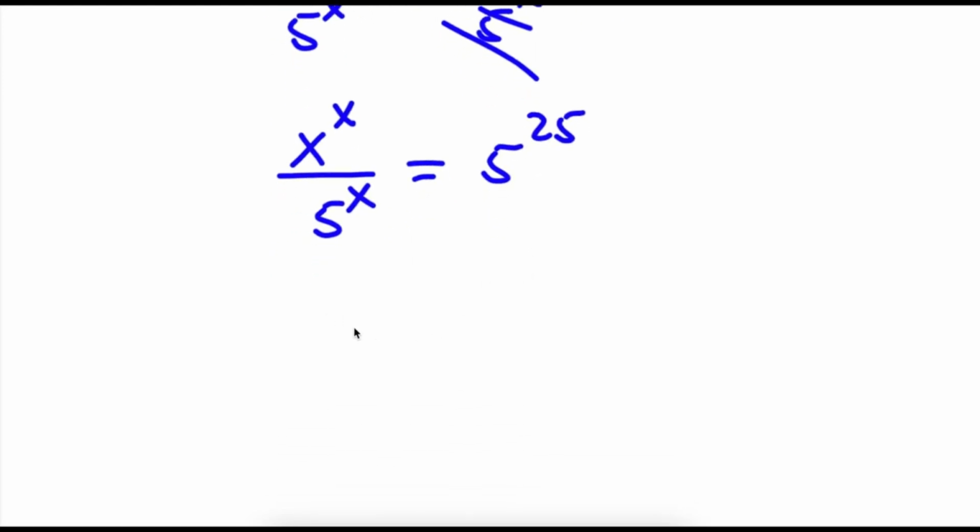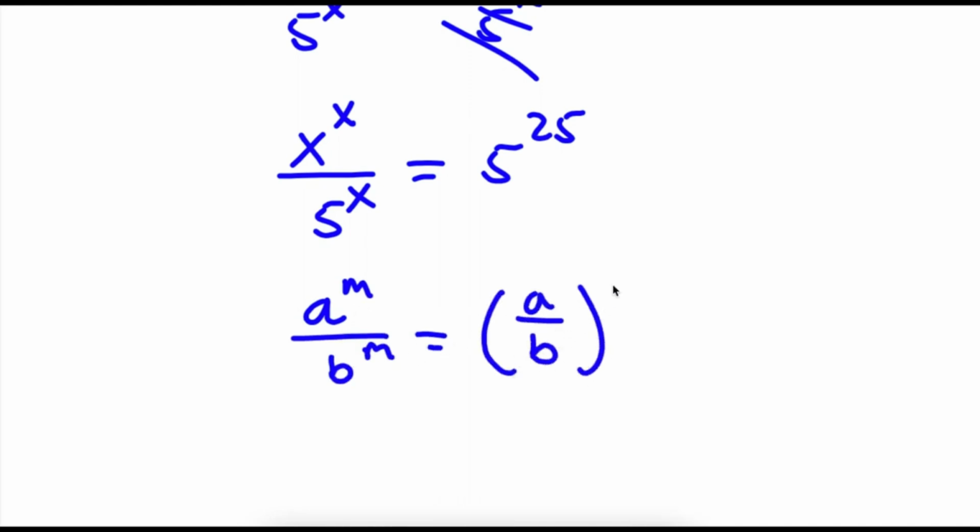Now, if I have something in the form a to the power of m over b to the power of m, I can rewrite this as a over b to the power of m.